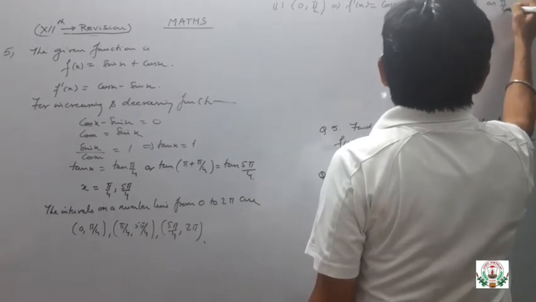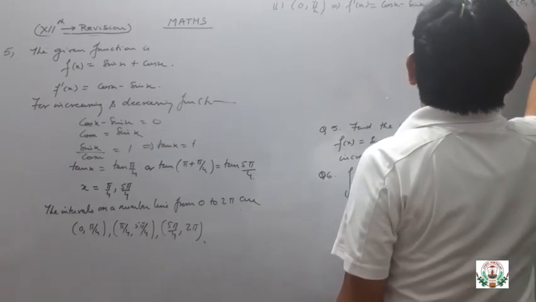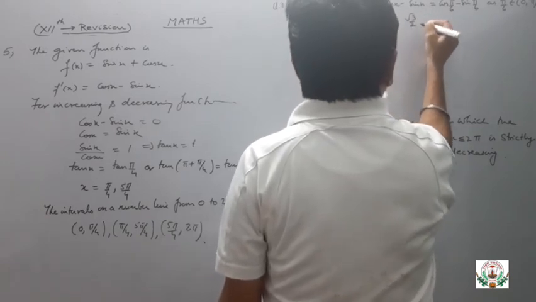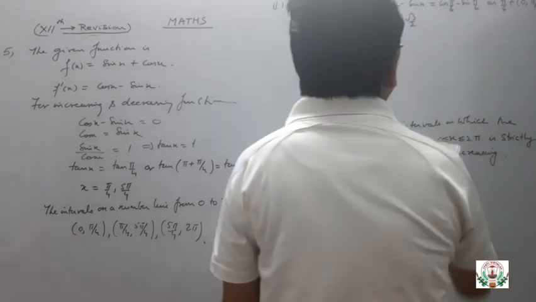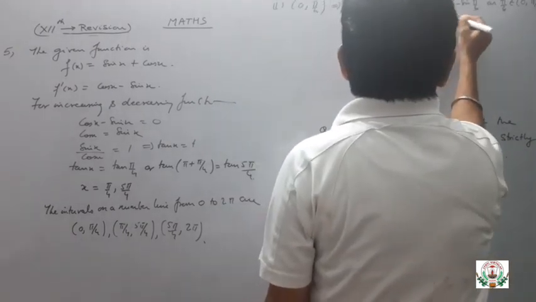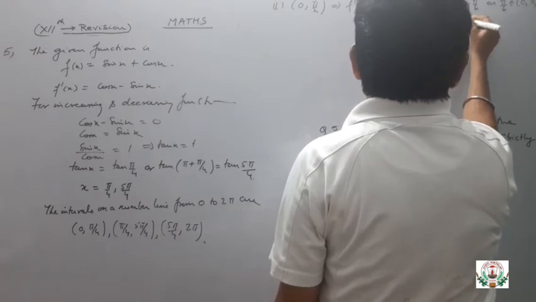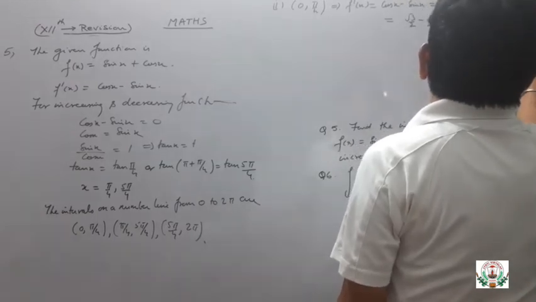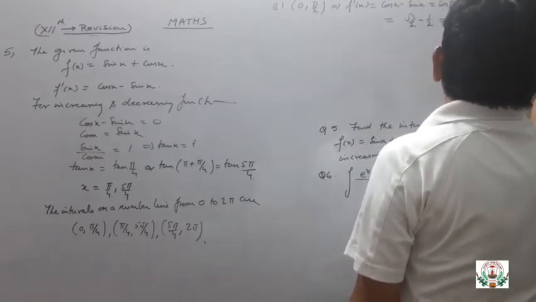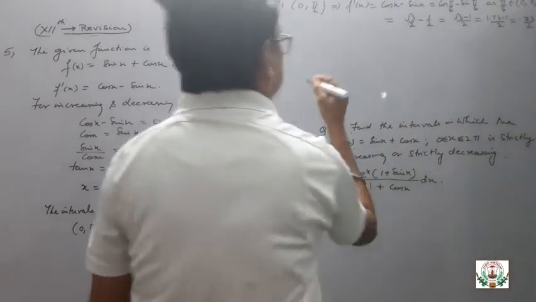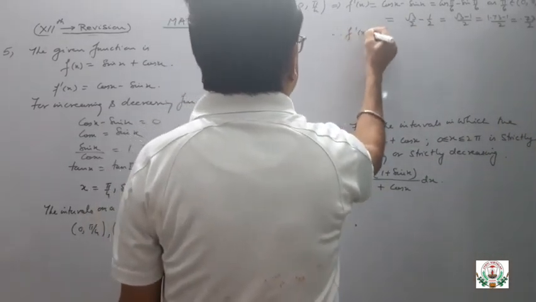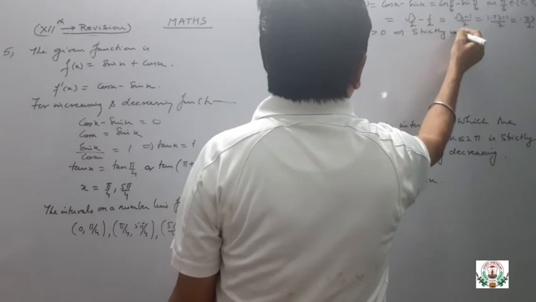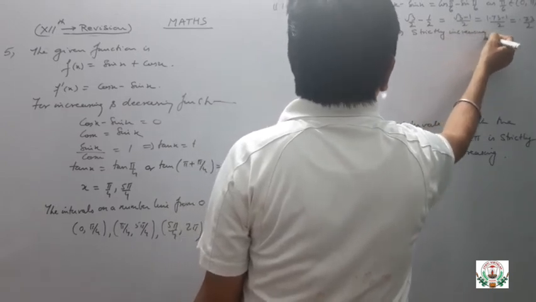As pi by 6 belongs to the interval 0 to pi by 4, cos pi by 6 minus sin pi by 6: cos 30 degrees is root 3 by 2 and sin pi by 6 is 1 by 2. So root 3 minus 1 by 2, 1.73 minus 1 by 2, which is 0.73 upon 2, greater than 0. So here f dash x is greater than 0, therefore the function is strictly increasing.